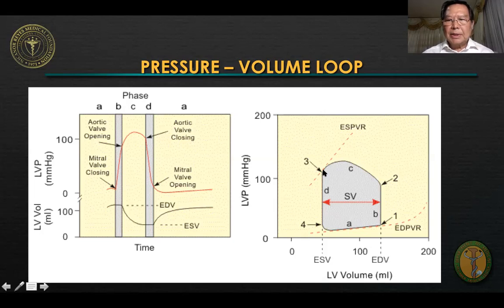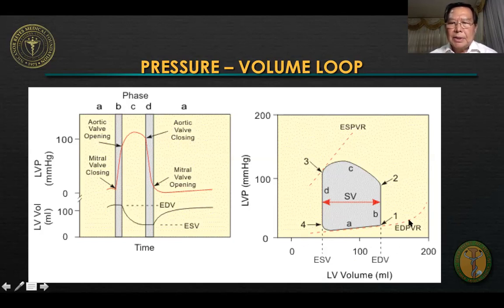And somewhere in this area, the aortic valve closes, and this is followed by the phase of isovolumic relaxation, meaning there is a drop in your LV pressure without change in your volume, right? And somewhere over here, the mitral valve opens so that the blood again goes from the left atrium into the left ventricle. So there is now a steady increase of blood inside the left ventricle.